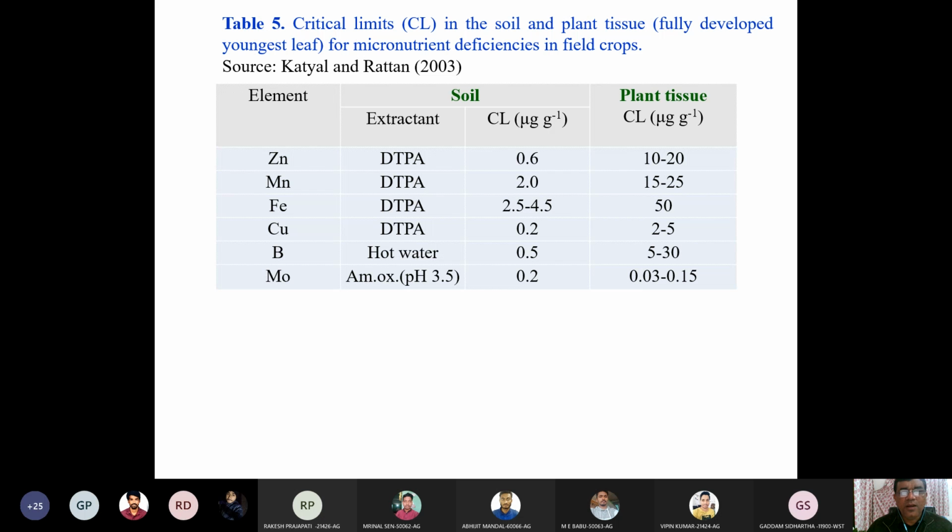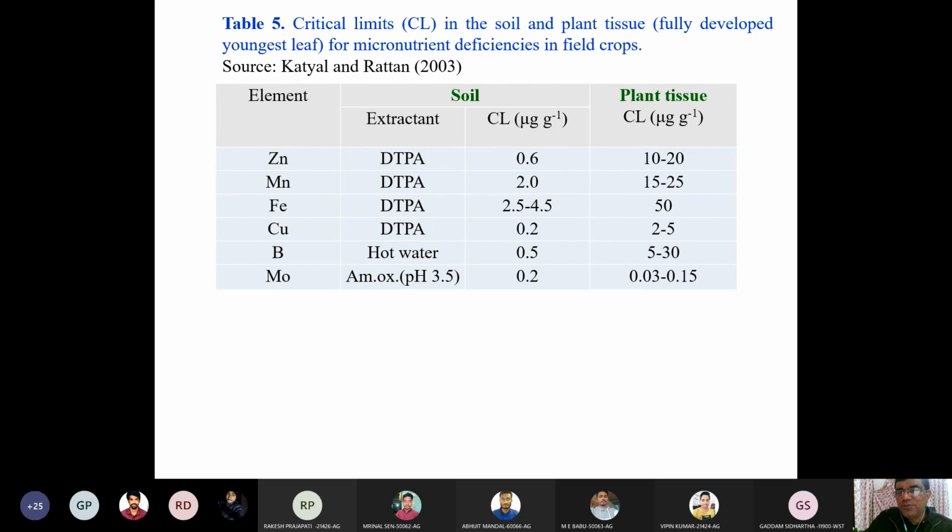Zinc, if it is extracted with DTPA, a very common extractant, then the critical level is 0.6 ppm or microgram per gram. Microgram per gram is equivalent to ppm. So 0.6 ppm is the level of zinc in soil which is critical.